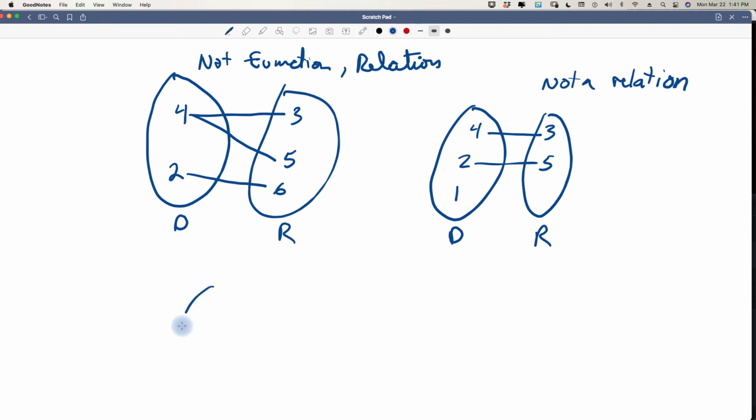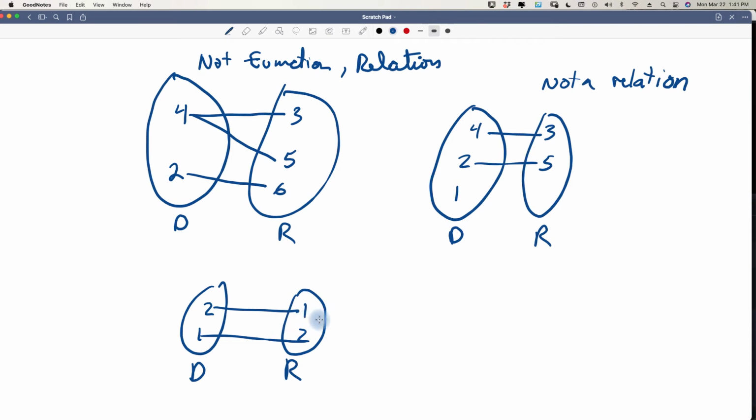Something like what we had on the other page, where we have a domain and a range. We have a 2 and a 1, and we have a 1 and a 2. This is both a function and a relation. Absolutely, because it's a function because each x value has only one y value, and it's a relation because the x value has at least one y value.